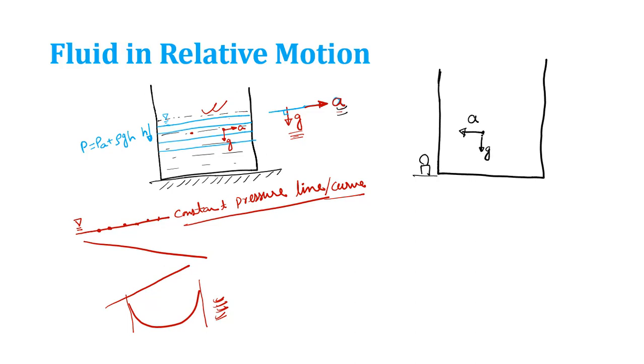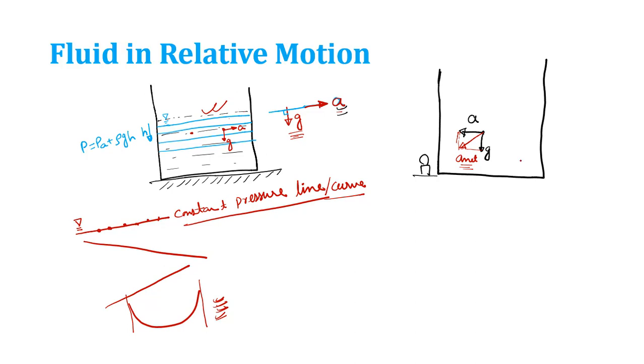So what will be the net acceleration experienced by this particle? It will be the resultant of these two, A and G. This will be A net, right? And I have said the constant pressure line will be perpendicular to the net acceleration.